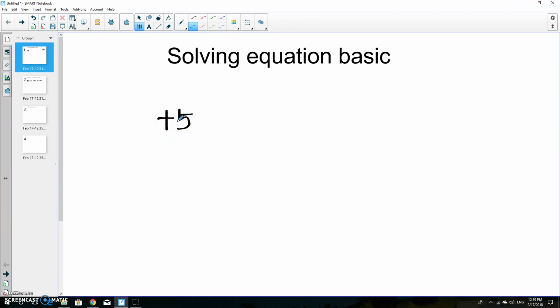When you move it, the opposite operation is subtract 5. And if you have negative 5 anywhere, the opposite operation is plus 5.